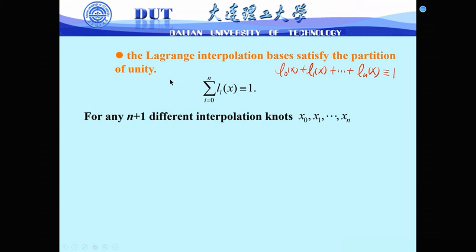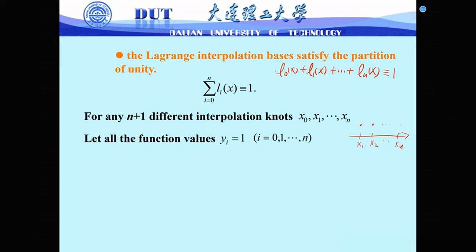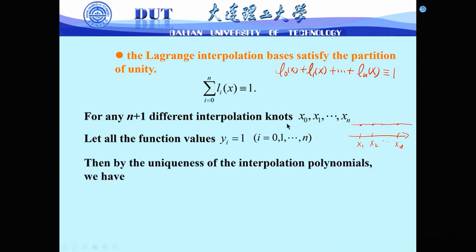Why do we have this property? I show you the reason. Because for any n plus 1 different interpolation nodes x0, x1, to xn, if we consider all the function values to be 1, yi equal to 1 for i from 0 to n, that means we are given the function value 1, 1, 1 at each node. Then of course we can find the constant function 1 to satisfy the interpolation conditions.